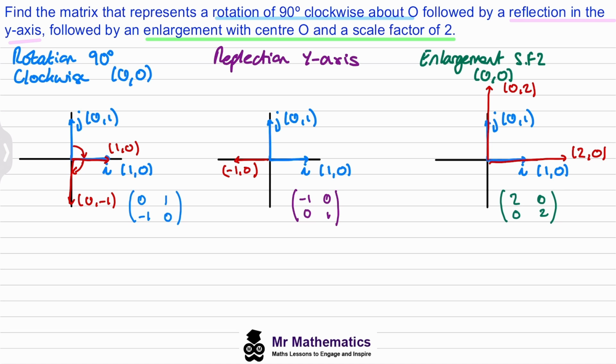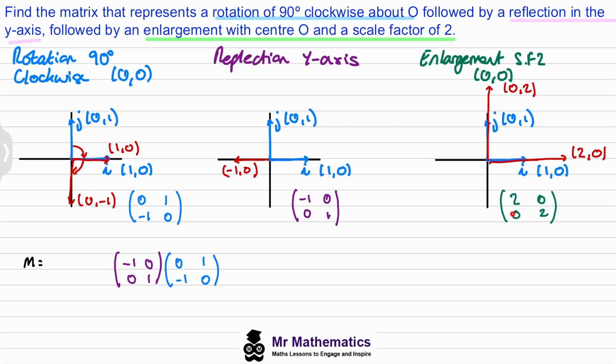So to find the single 2 by 2 matrix that represents the succession of these transformations, we'll say that M, and because we're applying the rotation first, this goes furthest to the right, so 0, -1, 1, 0. And then we apply the reflection, which comes to the left of this, so -1, 0, 0, 1.